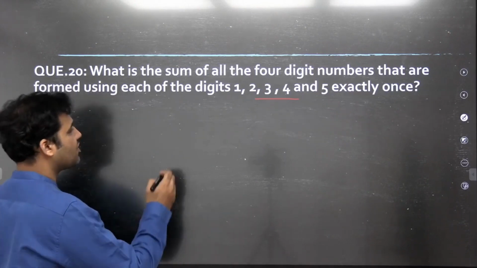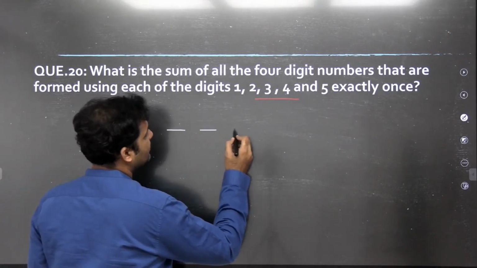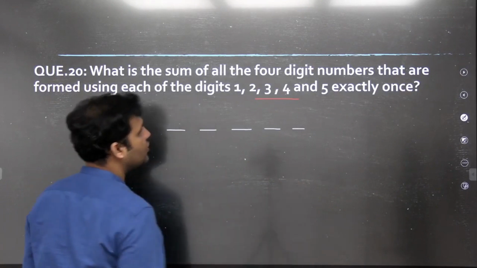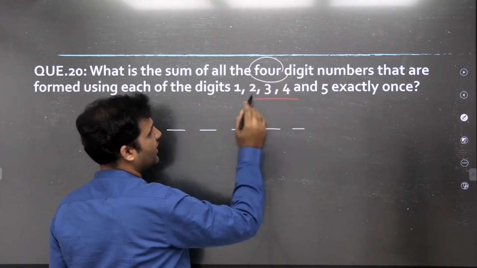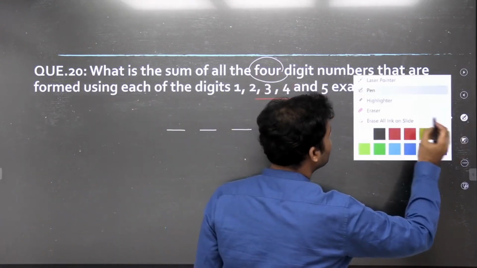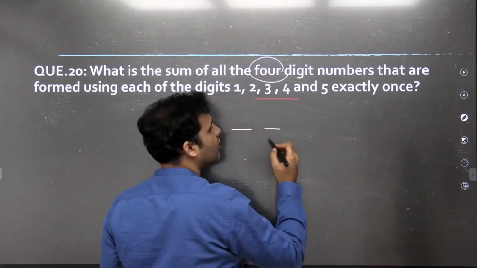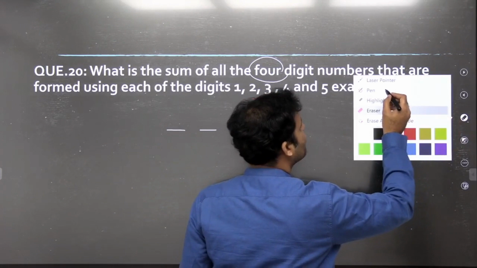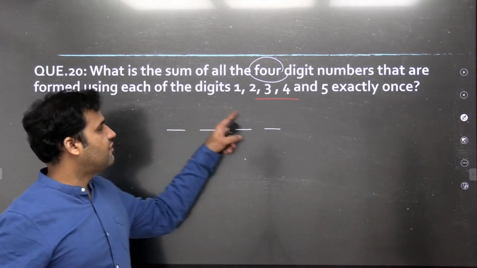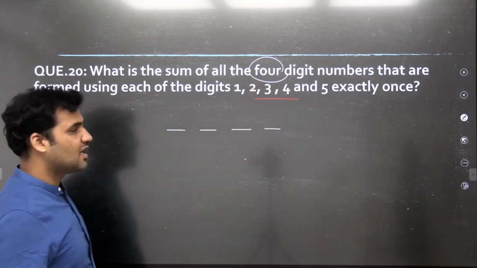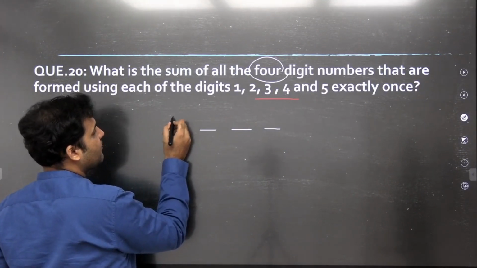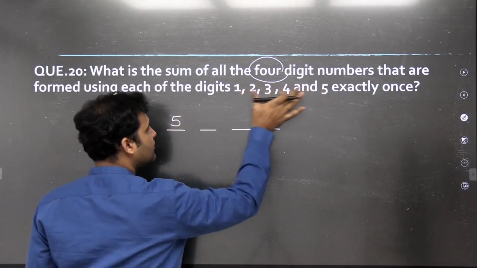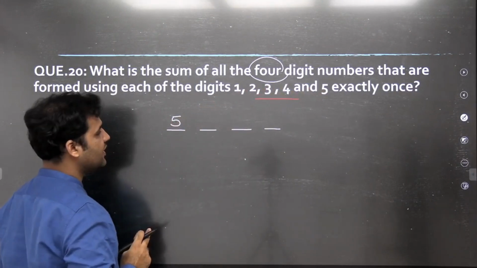So first find out, guys, what is the total number of numbers you will be able to make. And these numbers are 4-digit numbers, right? The number that you are supposed to make should be a 4-digit number, but the number of digits that you have are 5. So using the same concept, guys, the first place can be filled in 5 ways because any of these 5 digits can come on the first place.